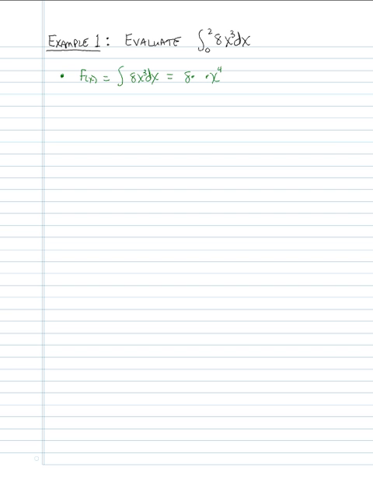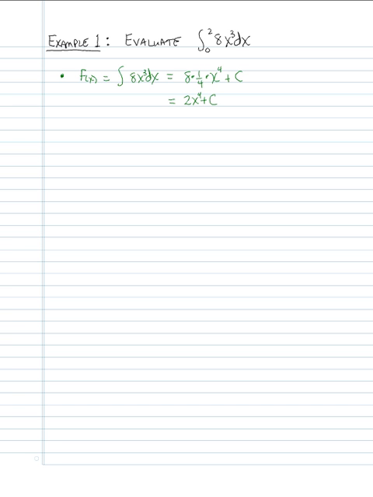Then we have to offset that new power with the reciprocal of the new power, which is 4. The new power is 4, and so the reciprocal is 1/4. And then don't forget our plus our constant of integration. And so here we get the result: 8 times 1/4 is 2, so we get 2x to the 4th plus c.